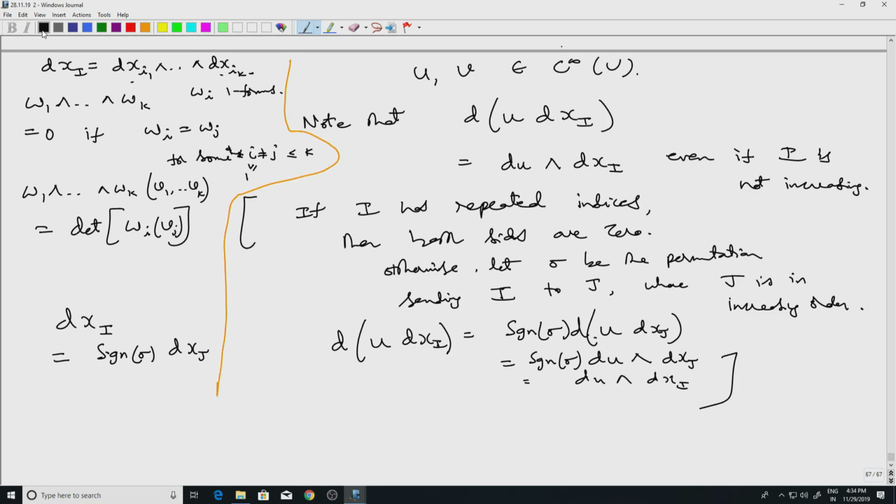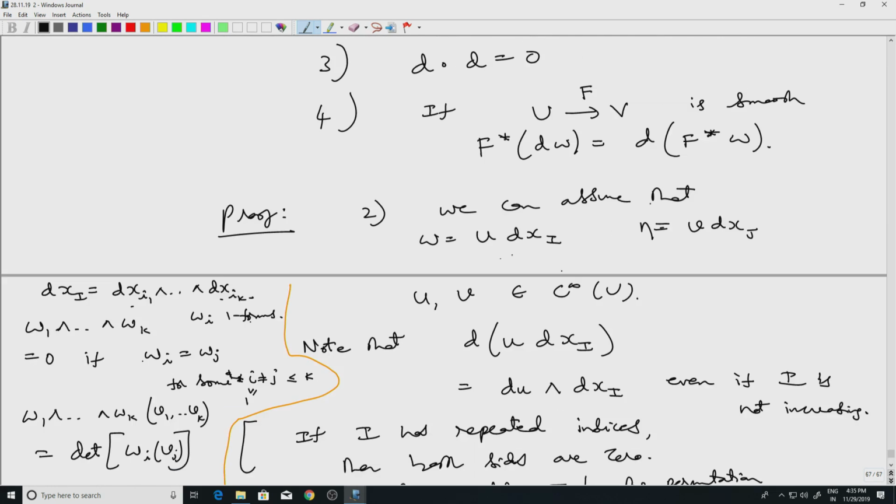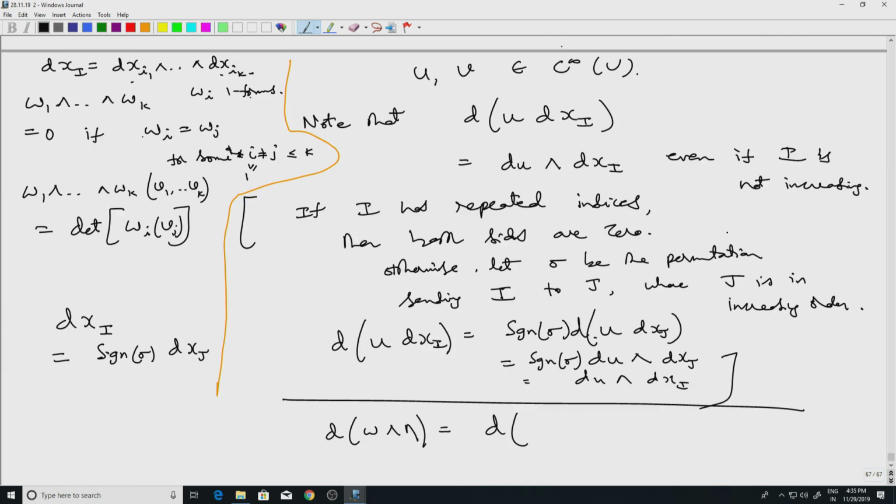Now we'll need that, because now let's start calculating this. So you take omega and eta, and let's calculate d of omega wedge eta. Now omega I assumed is u dx_I, and this is v dx_J. So I'll get uv dx_I wedge dx_J.